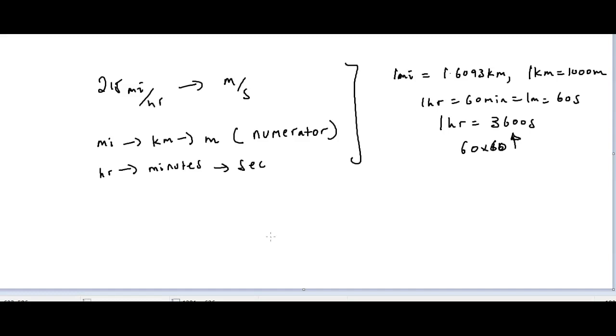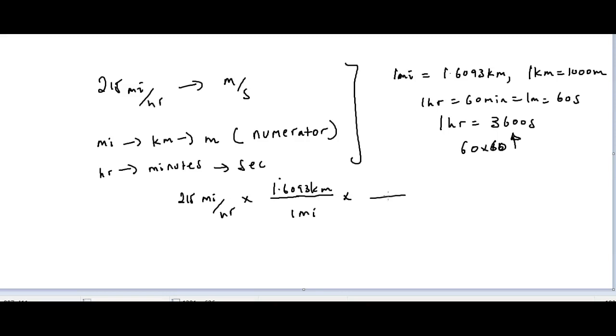So how do we do the conversion? The conversion can be done as 215 mile per hour. You see, the important point is the setup, how you set up the problem. Now you want to change mile into kilometer, so always put kilometer on the top because that's the required or desired unit. So you may say 1.6093 kilometer over 1 mile.